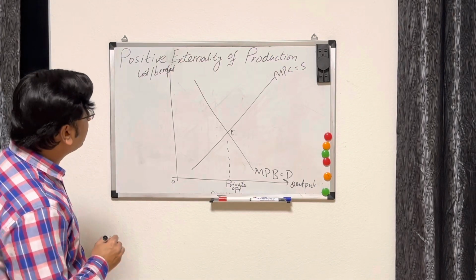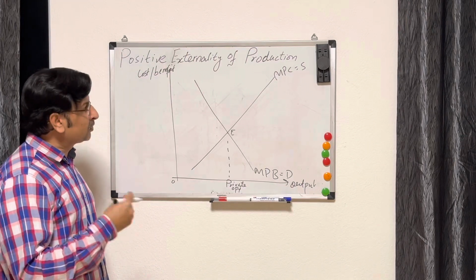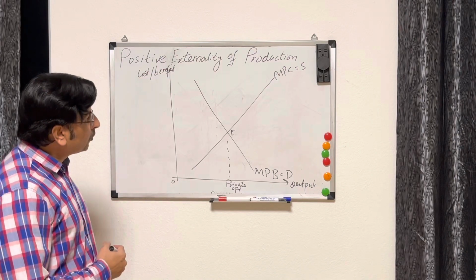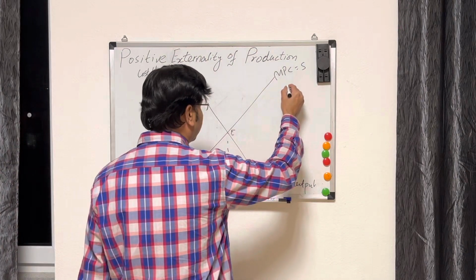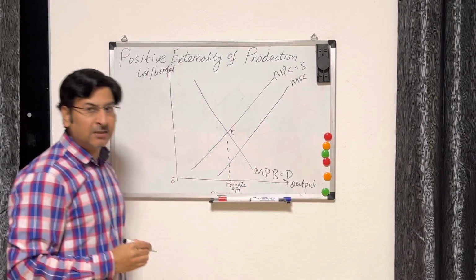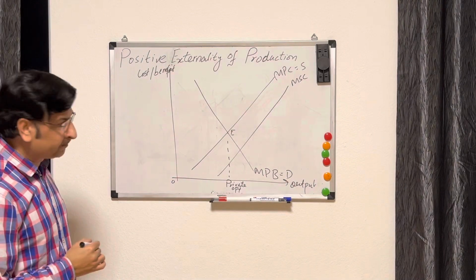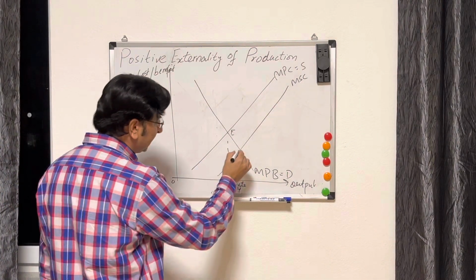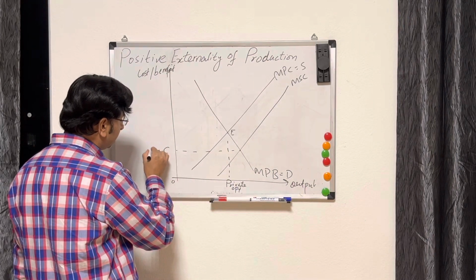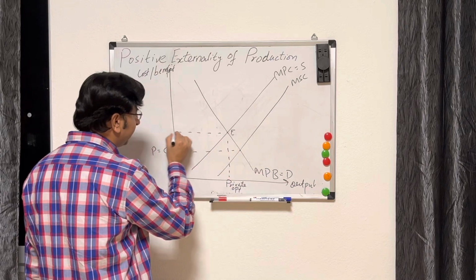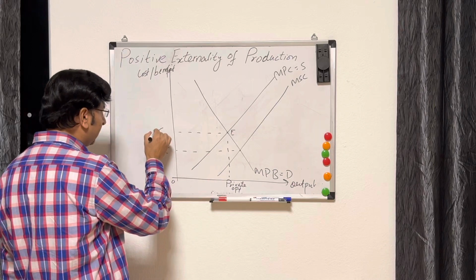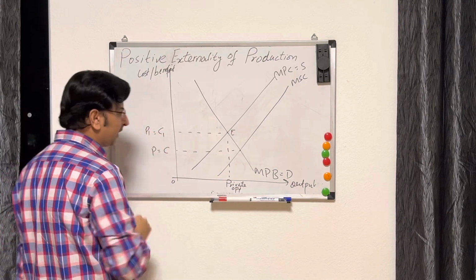Since this is the case of positive externality of production, which means society gains from this activity, the social cost curve is going to be to the right of marginal private cost, which shows that this level of output has a lower cost, which is equal to price, than the cost paid by the private sector, which is C1, P1 in this case.